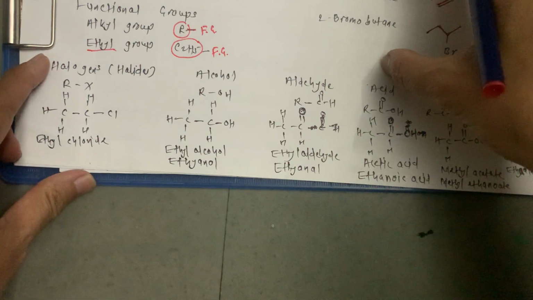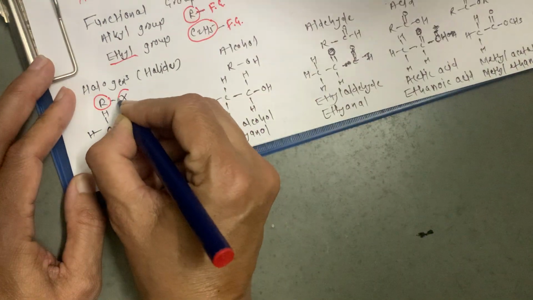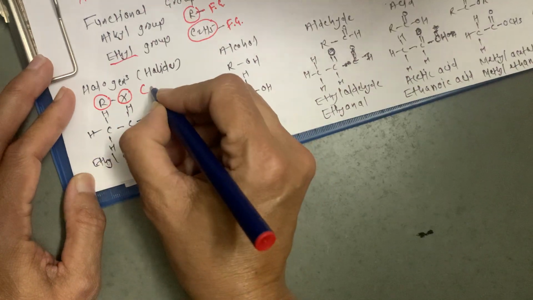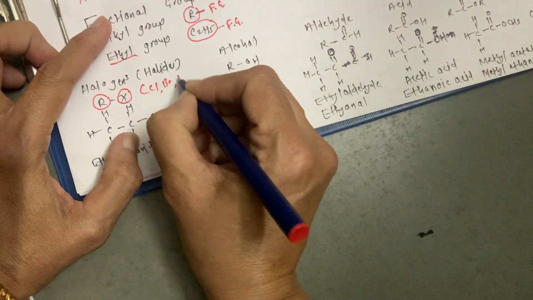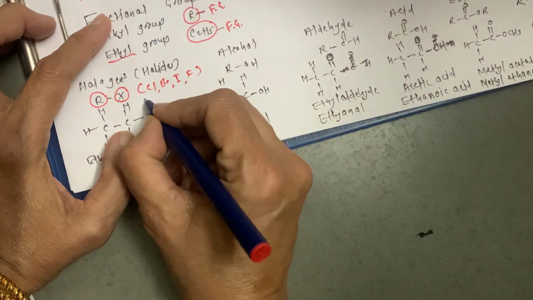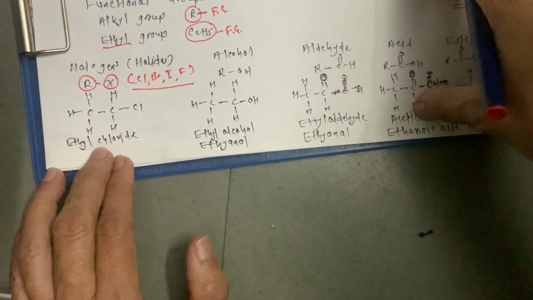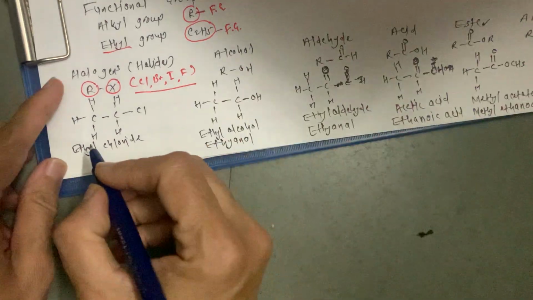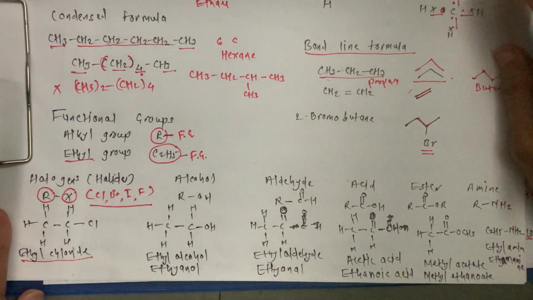If halogens are there, then we write R and the halogen as X. These halogens may be chlorine, bromine, iodine, fluorine, astatine, but we are going to study only chlorine, bromine, iodine, fluorine. So if there is a chlorine, then this compound is known as ethyl chloride.